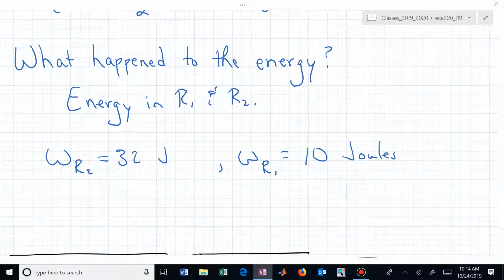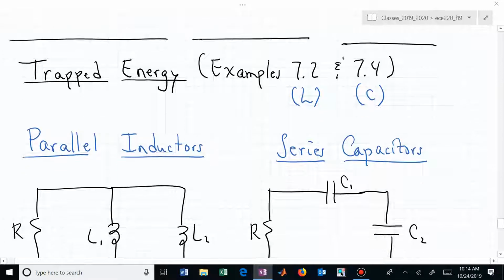That's how the energy is dissipated across those 3 different resistors. And you can compute that by finding voltage and then dividing by R or whatever and integrating that.